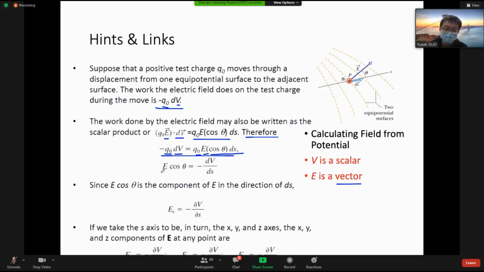So you can see that the electric field is equal to the derivative of the potential with respect to the path.